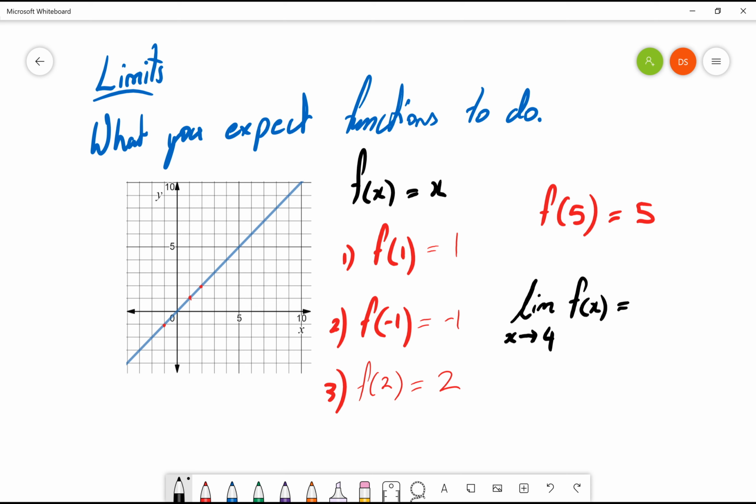Can you tell me what you think that means? As x gets closer to 4, what does f of x get close to? It's 4 there.